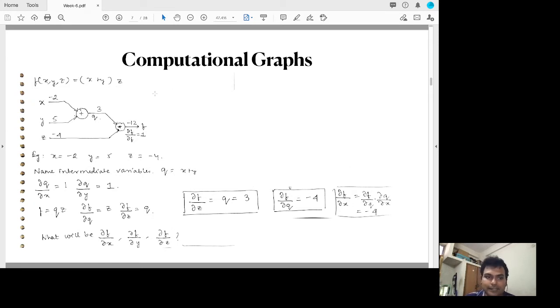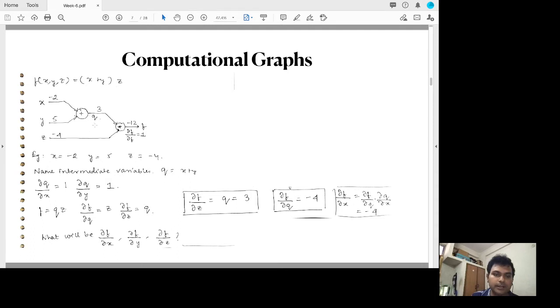You can break up your derivatives in that form. So in this case, f is directly dependent on q, f is not directly dependent on x. Looking at the computational graph, you need to find out the change of f with respect to x, and f is not directly dependent on x. Therefore you first find out how much f will change with respect to q.